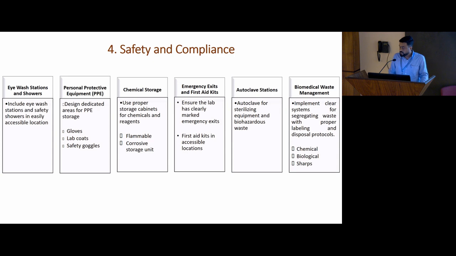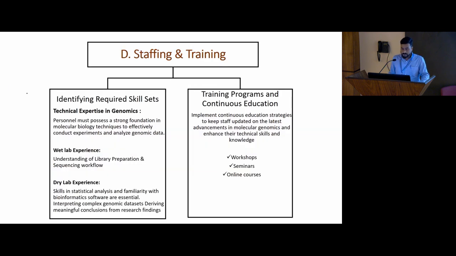Identifying the required skill set is also required in staffing and training. Technical experts in genomics are required for effective conduct of the experiments and analyzing genomic data. Before selecting, you have to understand your approach and the importance of the laboratory section, whether you require wet lab experience or dry lab experience.